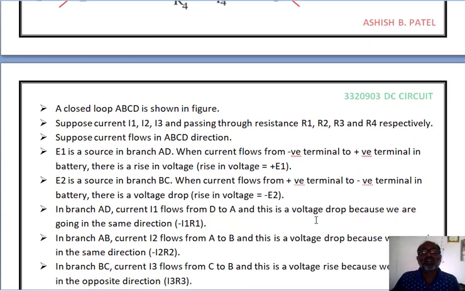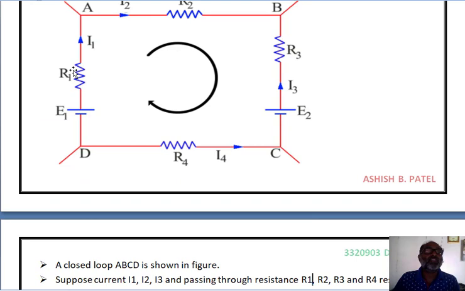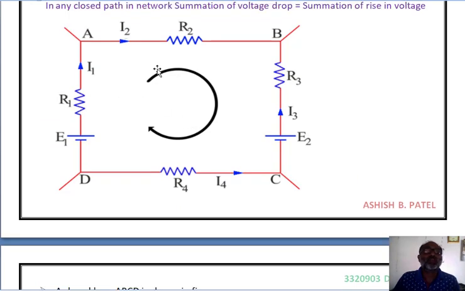So that means there is a voltage drop, and we can write minus I1 R1. Now similarly, in branch AB, current I2 is flowing through resistance R2. The direction of current I2 and the loop current are both in the same direction. So that means there is a voltage drop. So here we can write minus I2 R2.